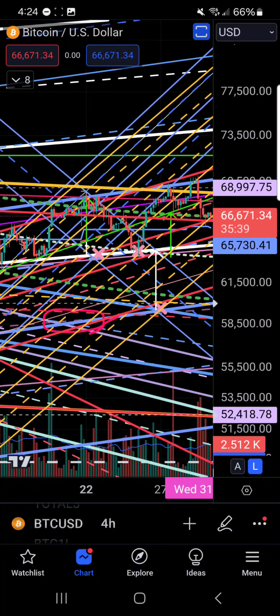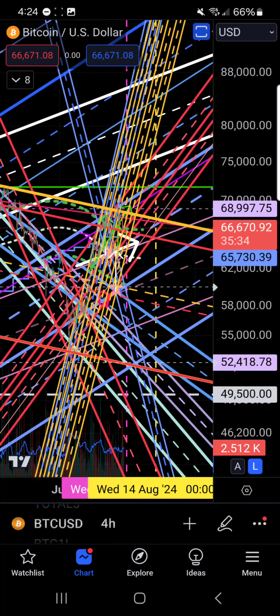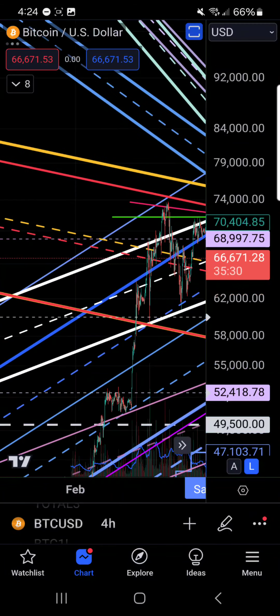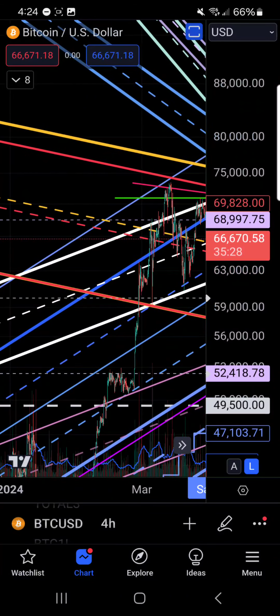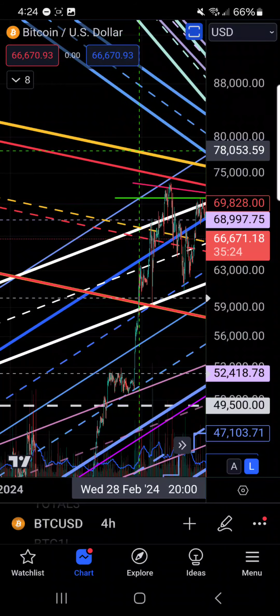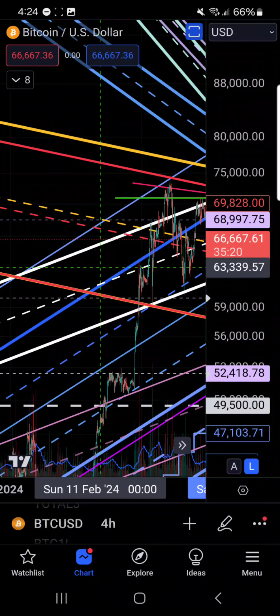The other thing I want to point out here is this major orange channel. This one right here is pointing downwards. The top of the orange channel is here, and the bottom of the orange channel is there.